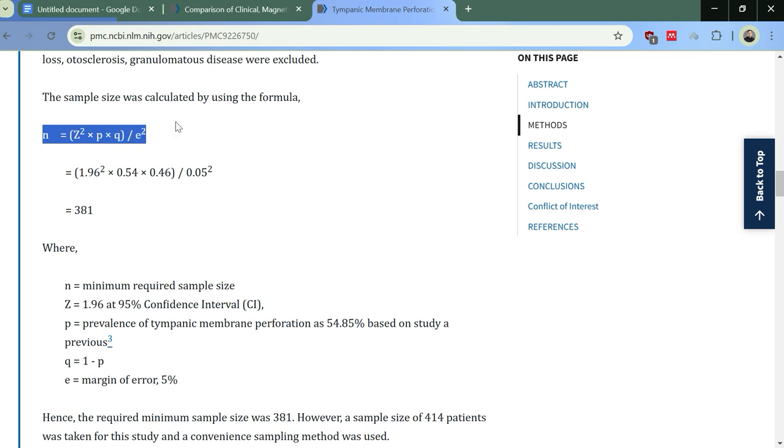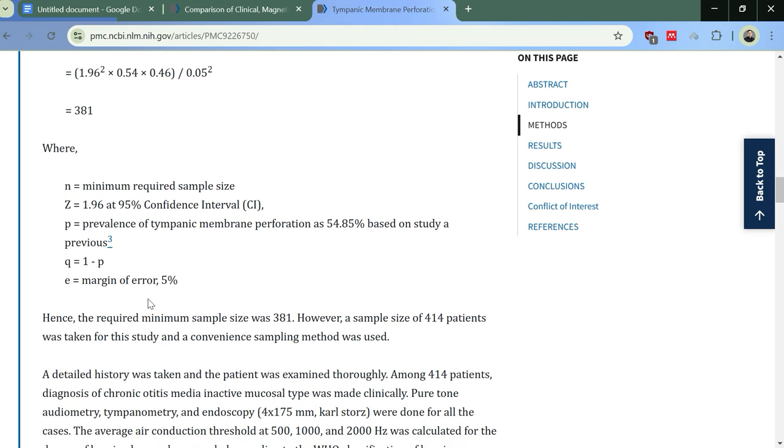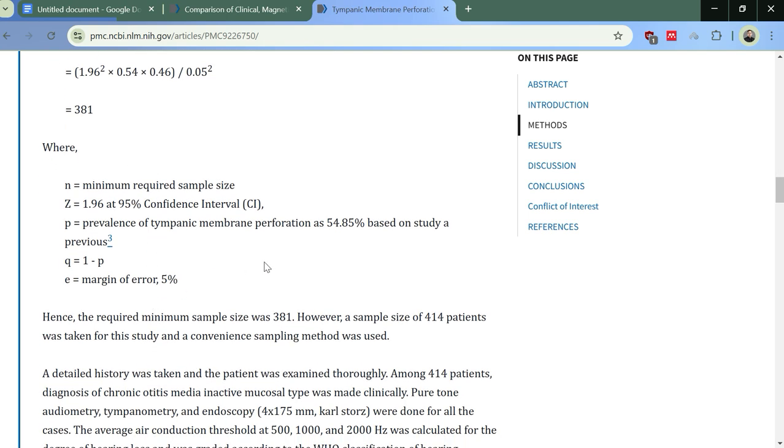It goes like this: n stands for the minimal sample size, which equals Z square into P into Q upon E square. Z is the value which we put according to the confidence interval, and P stands for the prevalence of tympanic membrane perforation in the other study.